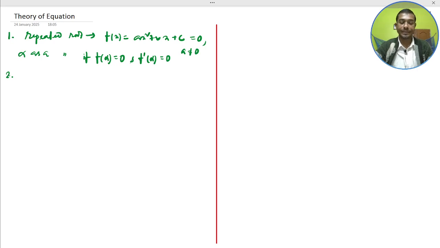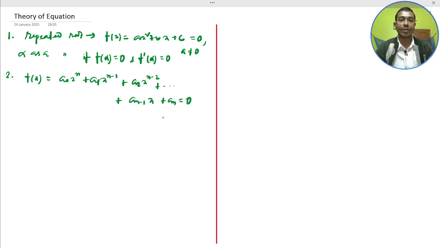Now equations of higher degree, that is f(x) of more than 2 degree. 2 degree means quadratic equation, more than 2 degree, that is written a naught x to the power n plus a1 x to the power n minus 1 plus a2 x to the power n minus 2 plus dot dot plus a n minus 1 x plus a n is equal to 0, where the coefficients a naught, a1, dot dot, a n minus 1 belong to C. C means the set of complex numbers, and a naught must be not equal to 0.